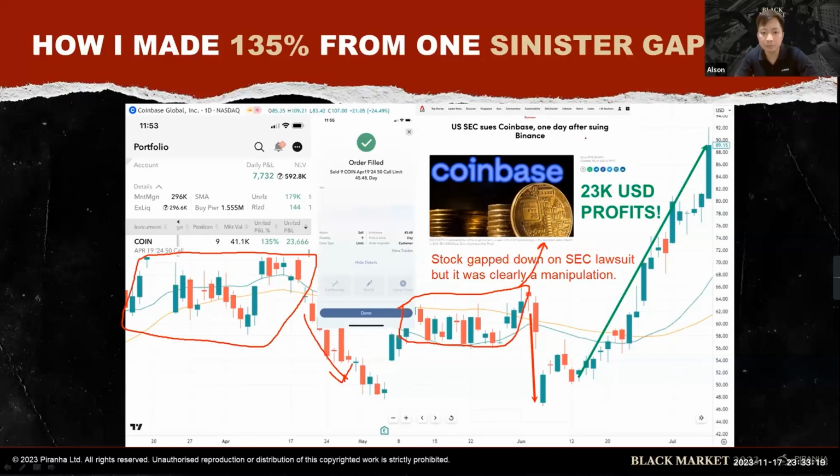See, SEC sue Coinbase 1 day after suing Binance. And this actually caused a major gap down, negative sentiment, the market gapped down. And when I saw it, you see this swing low over here, guys. You draw a line across. The price opened below the swing low.